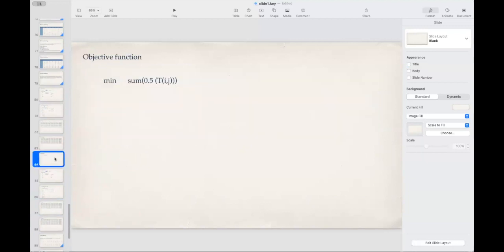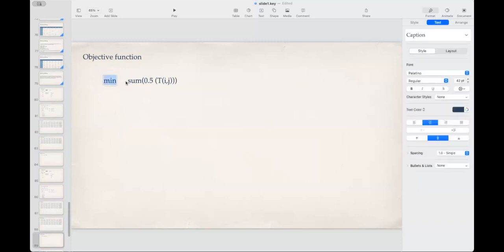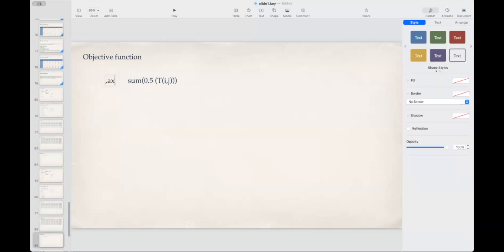And the last one, objective function. In this case, objective function is different because, of course, we start from maximum. Maximize of what?